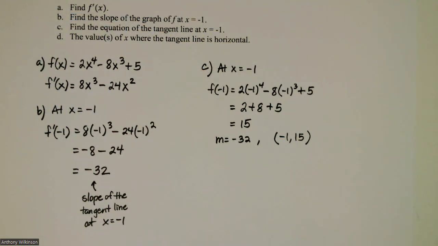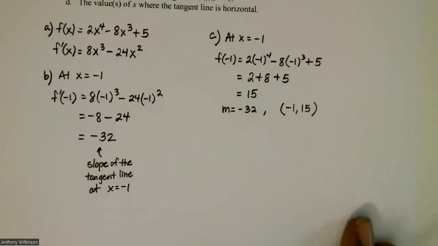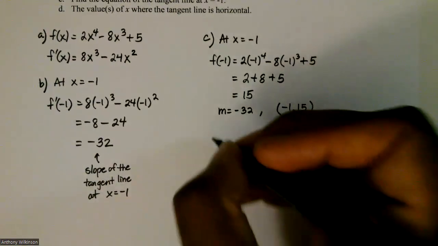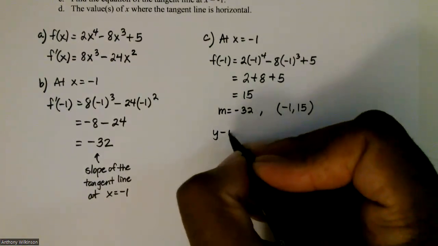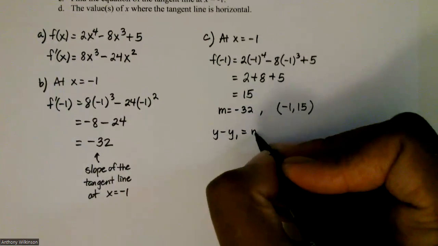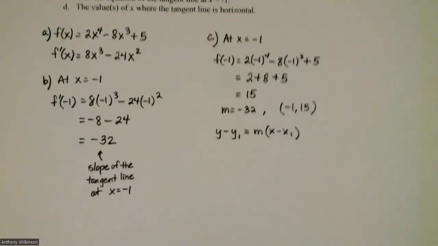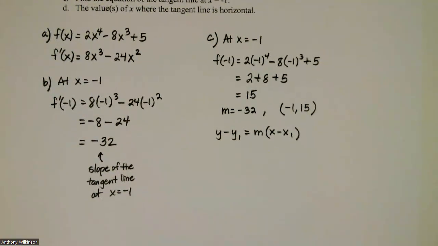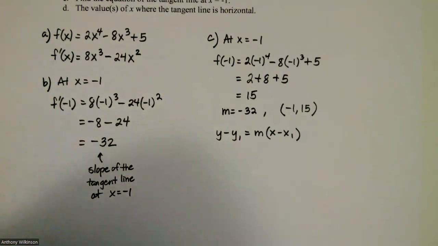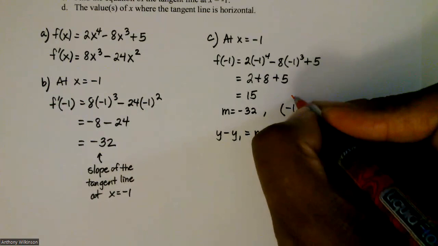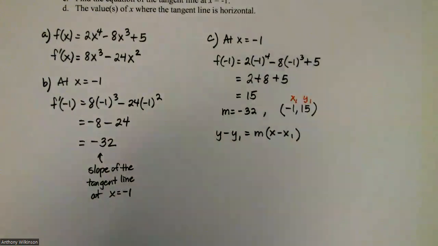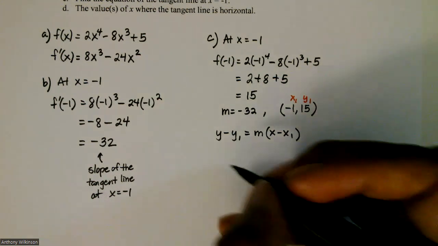Then we use the point slope form for the equation of this line. And that point slope form would be y minus y1 is equal to the slope m times x minus x1. And if you recall, your x1 would be -1, y1 would be 15, m is -32, so we just substitute in the point slope form.